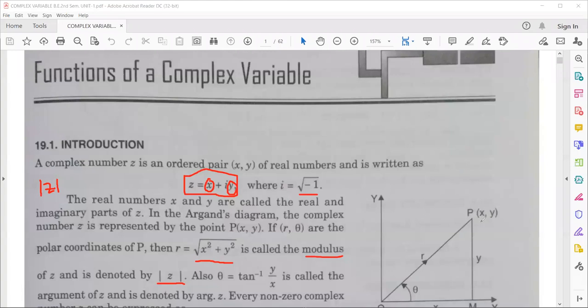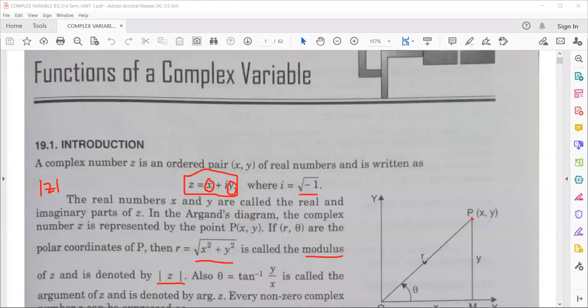If you go on changing the values of x and y, the point will change. This length is y, and this length is x. This is nothing but a right angle triangle.